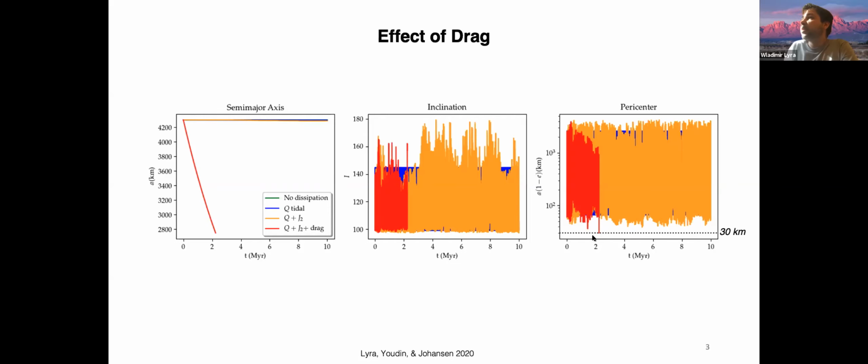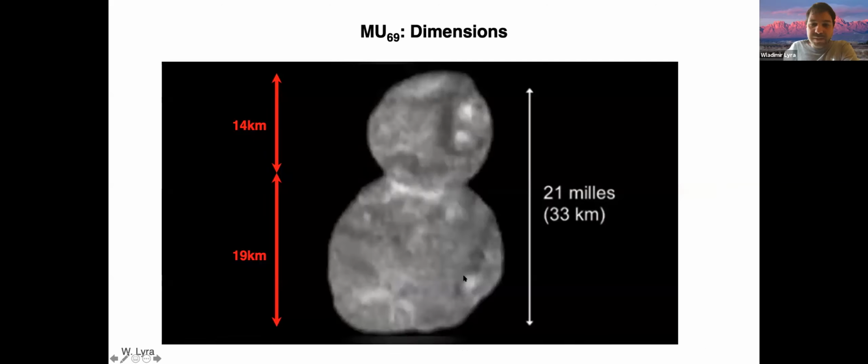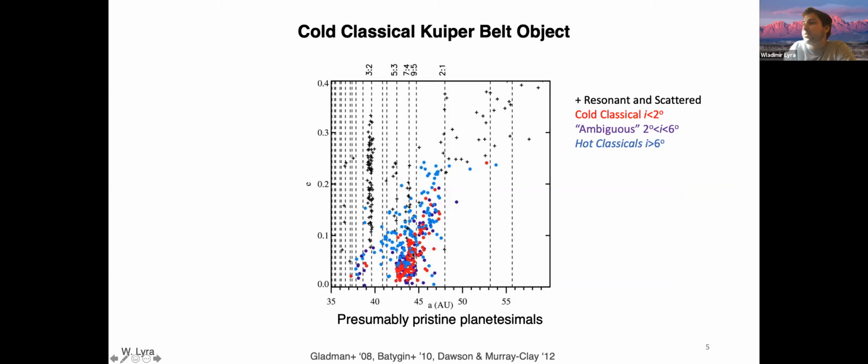So in a little bit more detail, I applied this model here to MU69. MU69, you may remember from the flyby, is an object in the Kuiper belt. Altogether it is about 30 kilometers, but it's formed of 2 lobes. And one of the many things that is interesting about it is that it's a member of the so-called classical Kuiper belt population, which means that these red objects here, the inclination is very low.